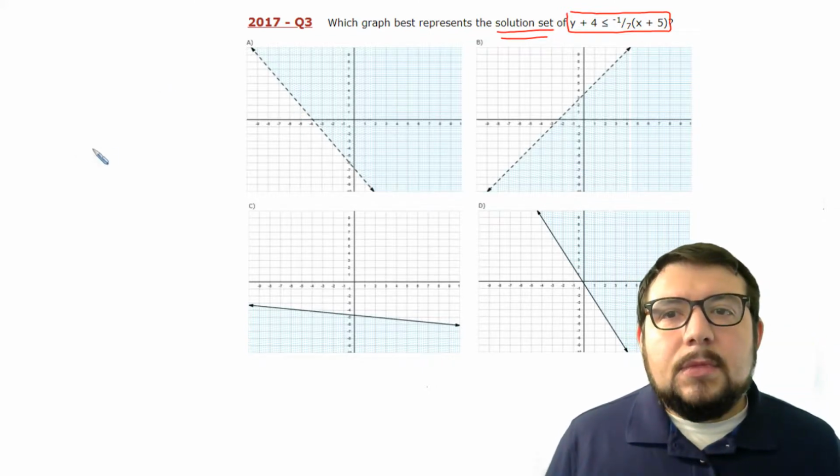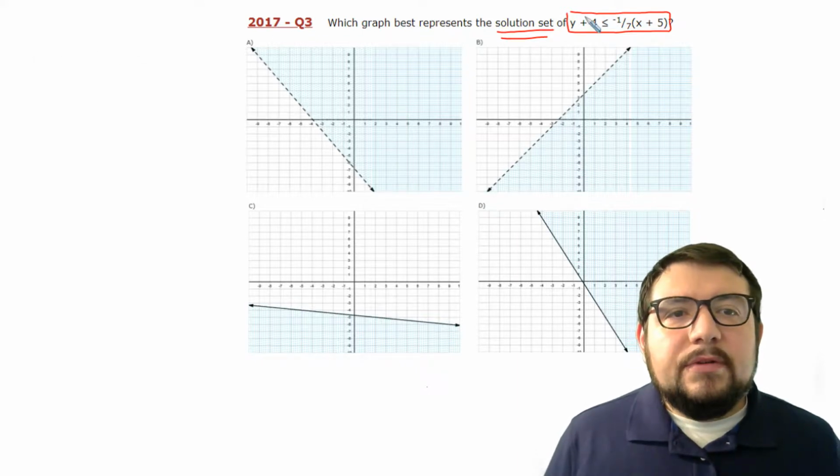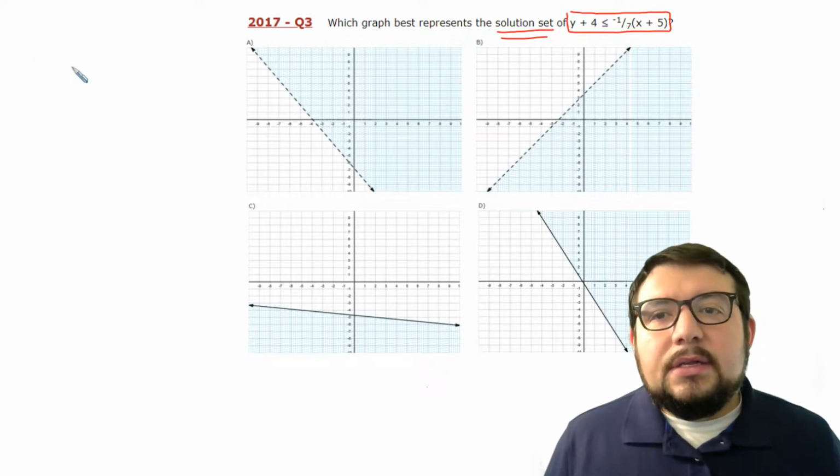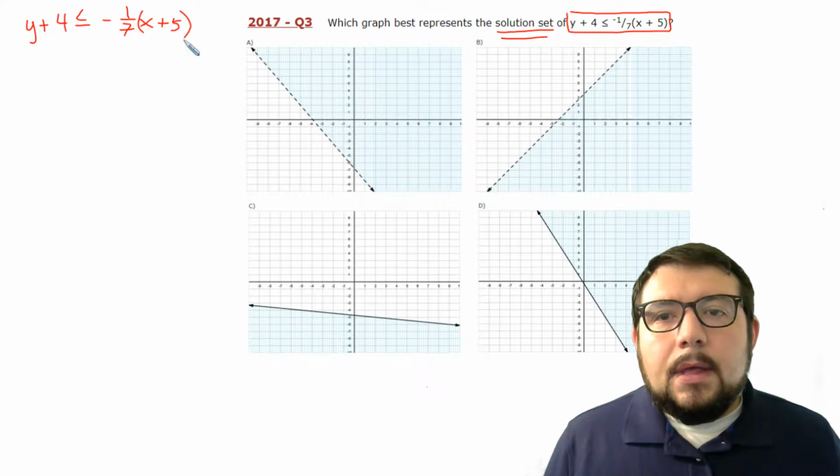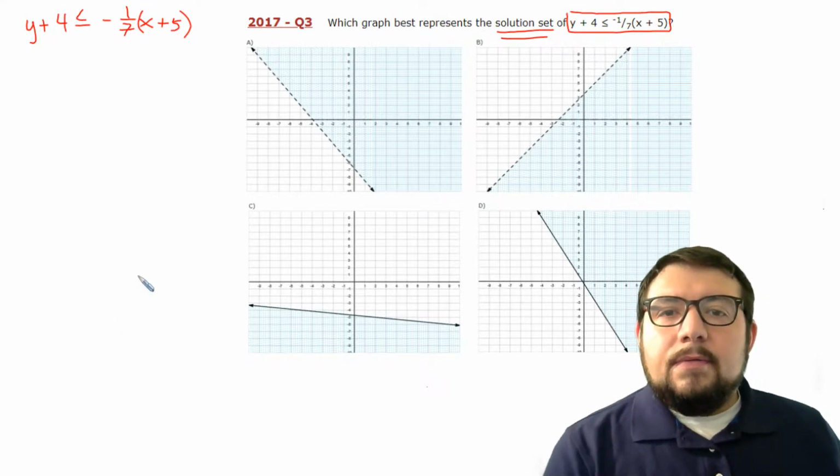Okay, so there's a really easy way to do this problem, and that is to just take a look at the equation and do the algebra. And why do I want to do the algebra?